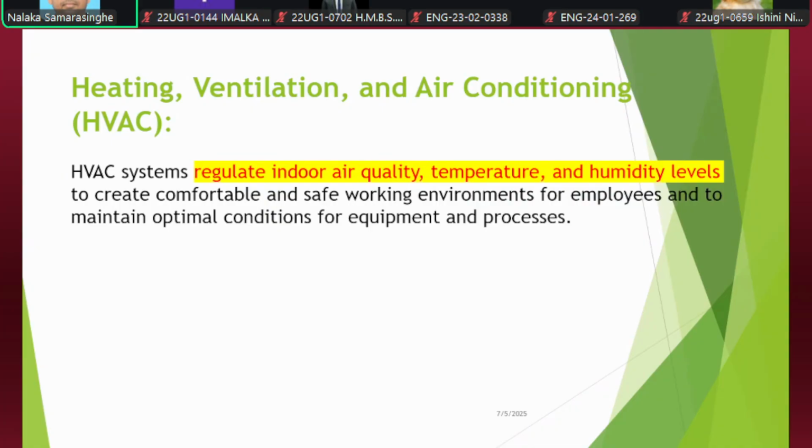usually does the regulation of indoor air quality, temperature and relative humidity levels. The objective is to create a comfortable and safe working environment for the occupants and also to maintain optimal conditions for equipment and certain processes, certain storage of goods and so on.